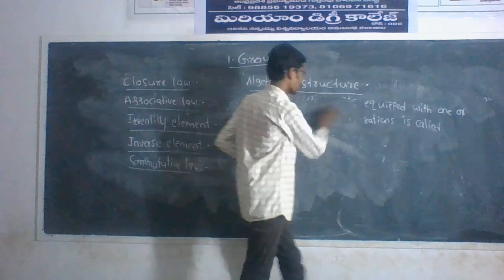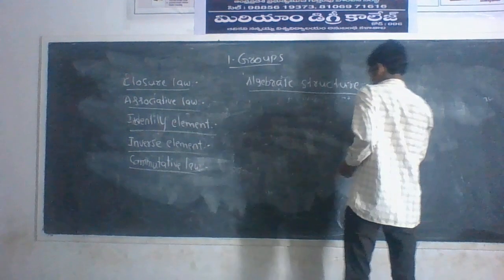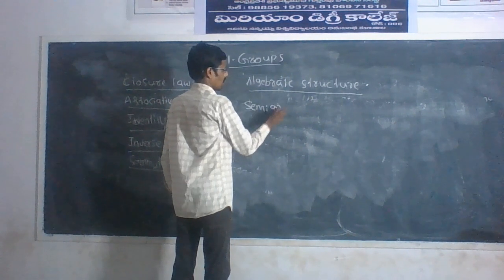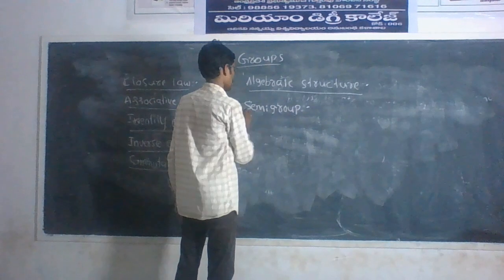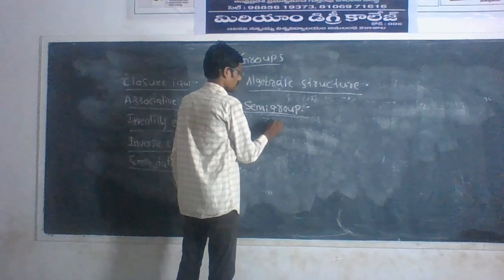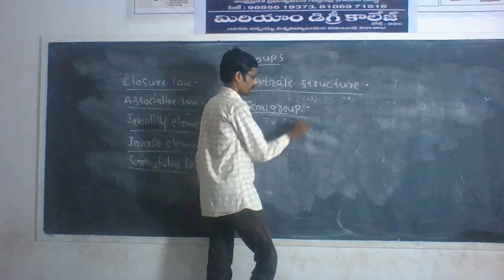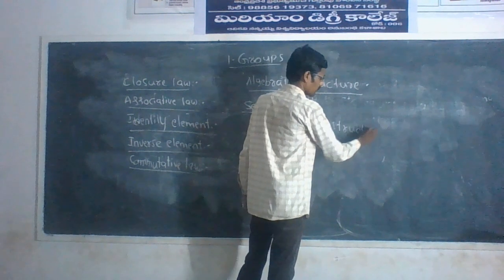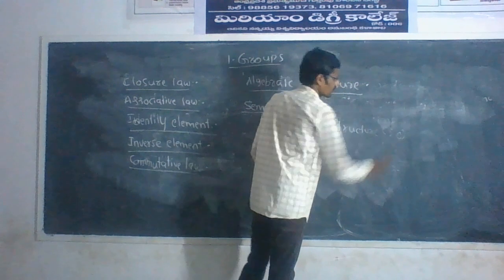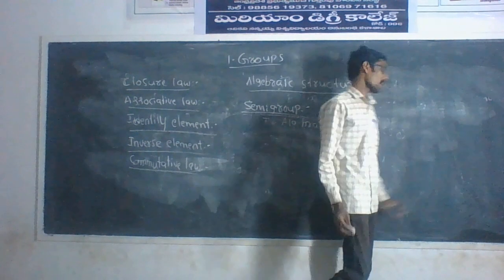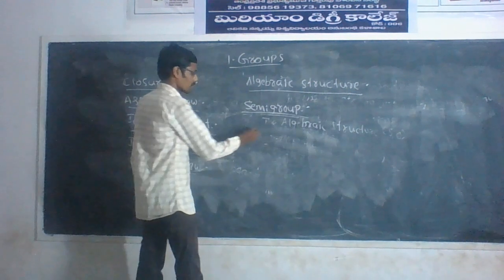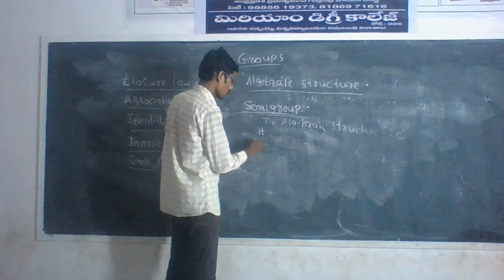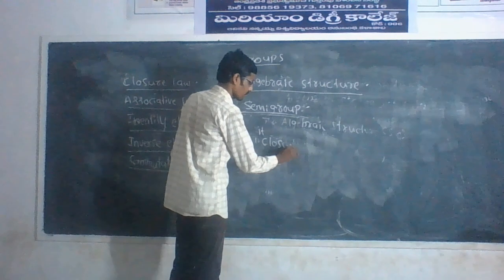Next one, semigroup. The algebraic structure (S, circle) is said to be a semigroup if it satisfies the following properties. First one, closure.